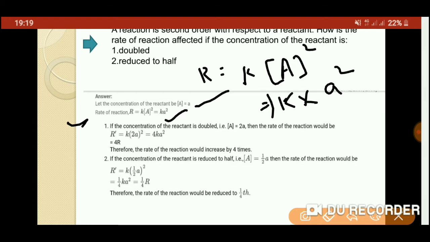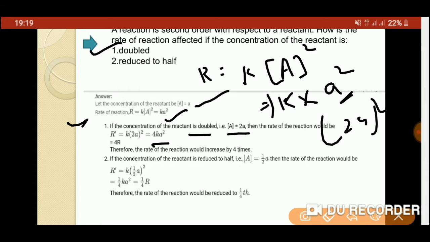Okay, so the first condition is double. What happens if the concentration of the reactant is doubled? Then the active mass is equal to 2 multiplied by small a, because we had let small a be the concentration of the reactant. If you double it, then its value also gets doubled. Then the rate of the reaction would be R dash equal to, if you put down the value of 2a instead of a, you will get K into 2a whole square, then you will get 4Ka square.